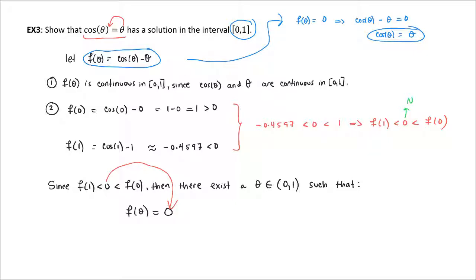Well, since f of theta is cosine theta minus theta, I can replace f of theta with cosine theta minus theta. And if I isolate, cosine theta is equal to theta. And this is exactly the equation that we were trying to show has a solution in the interval 0 to 1.